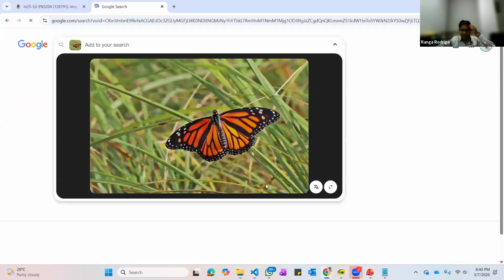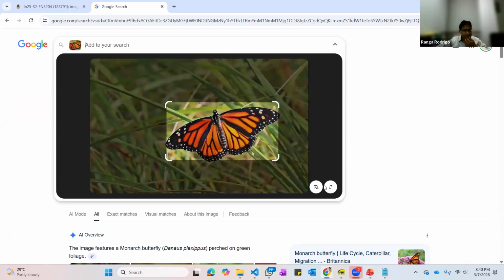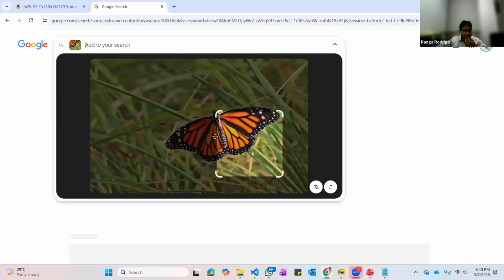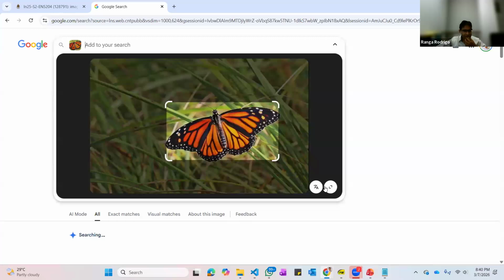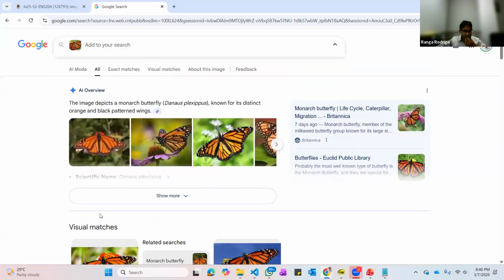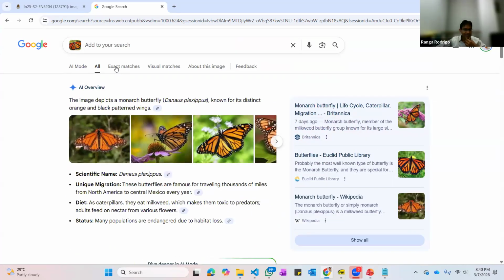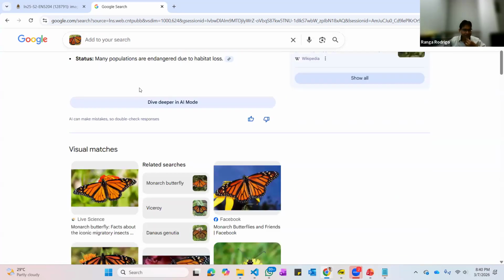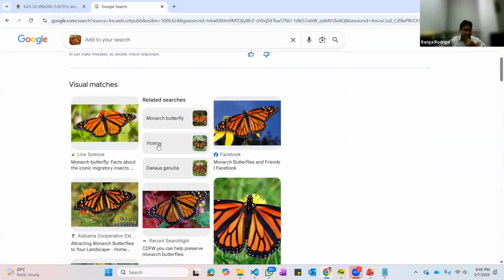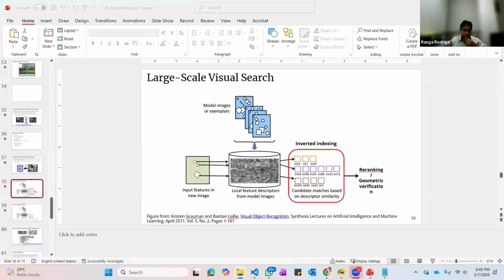I put it there. You can see it was able to get things that look like that, right? So this is what we are talking about, retrieval of those. Visual matches, so many of them are there.